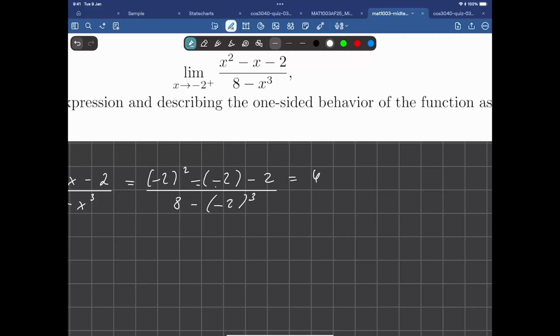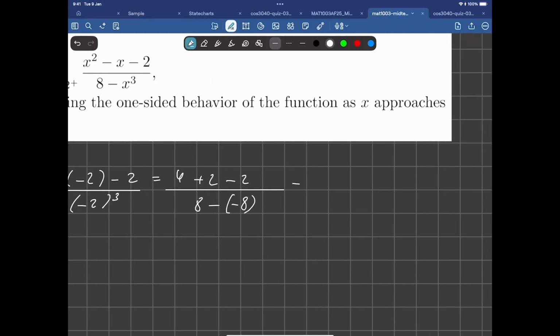Minus minus 2 gives us plus 2, and then minus 2, over 8 minus, and since minus 2 cubed has an odd exponent, it's a minus, so minus 8. The 2 and minus 2 cancel out, and this gives us 4 over 8 plus 8, because we have minus minus. 8 plus 8 is 16, so that's 1 over 4 if we simplify.